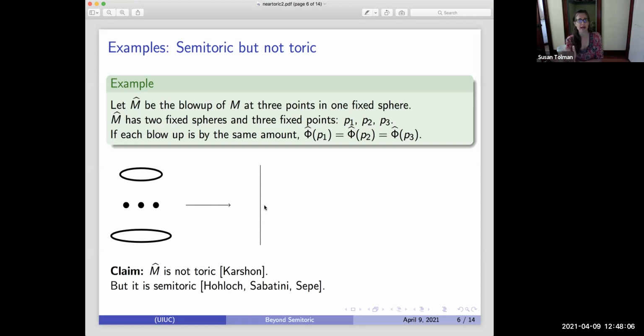So this is ruled out. However, it's not ruled out for semitoric, because for semitoric, I allowed focus type, and focus could have weights +1 and -1. So this doesn't prove it is semitoric. I'm just saying that I can't rule out it being semitoric using this, because in semitoric you're allowed to have as many fixed points as you want, as long as they have weights +1 and -1 and nothing else.